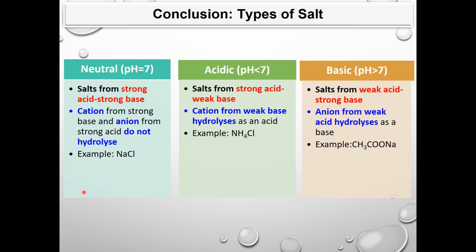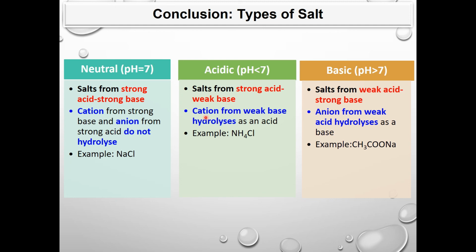Let us conclude the types of salt. A neutral salt with pH equal to 7 is formed from a strong acid and a strong base, where the cation from the strong base and anion from the strong acid do not hydrolyze. An acidic salt with pH less than 7 is formed from a strong acid and a weak base.